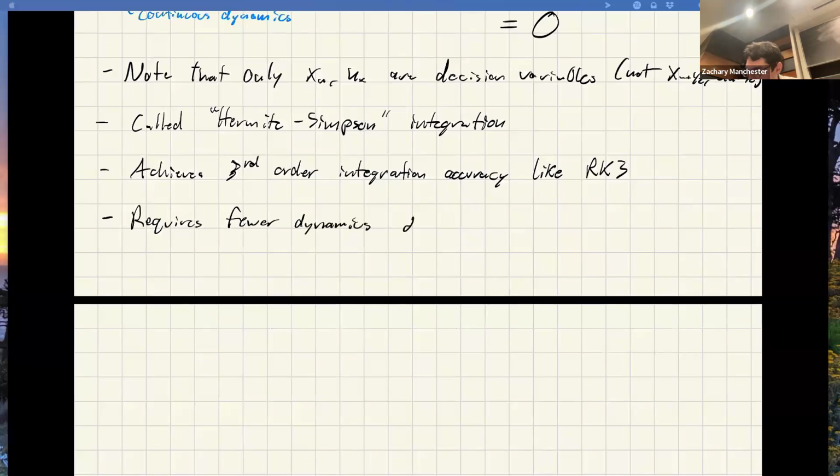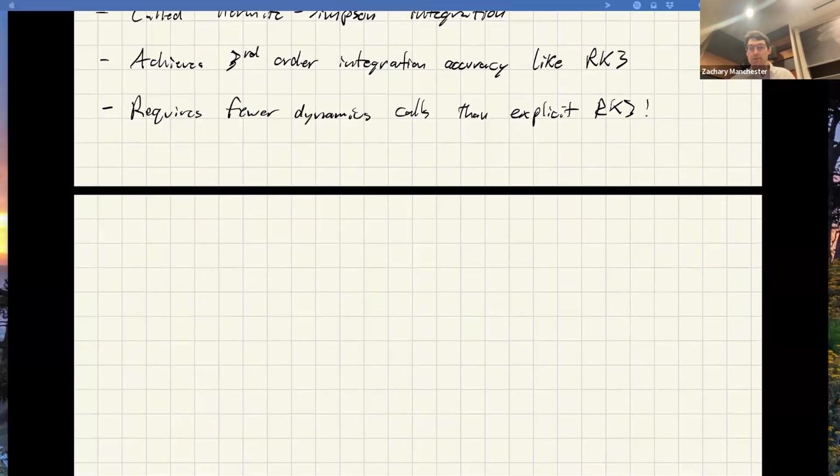This requires fewer dynamics calls than an explicit RK3 would. Okay, so that's maybe not obvious. What it comes down to is that in the implicit version, you're recycling the endpoints across time.